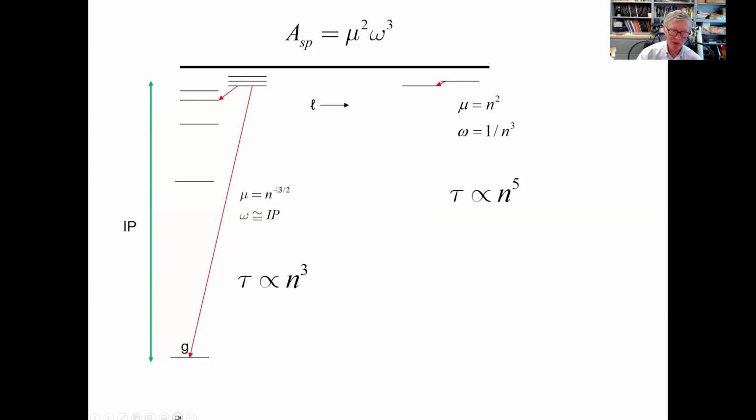And that normalization scales as n to the -3/2. When you square it to put it into this spontaneous emission rate, you then wind up with a rate that scales as 1 over n cubed, or a lifetime that scales as n cubed.